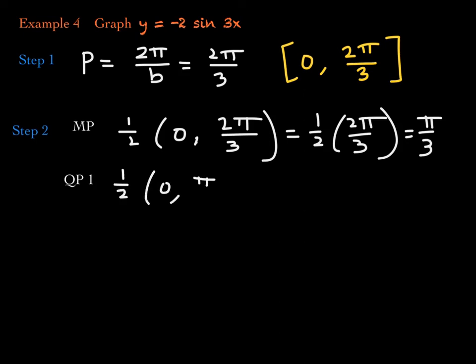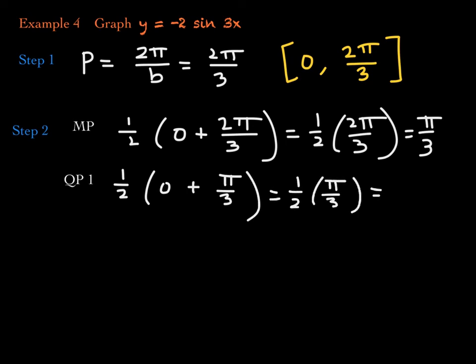You know what I just noticed? This should be a plus sign and that should be a plus sign. Let me fix that. All right, better. So then this is half of pi over 3, which is pi over 6. One more to find, which is your third quarter point. Remember that your midpoint is really your second quarter point, so you already have it.